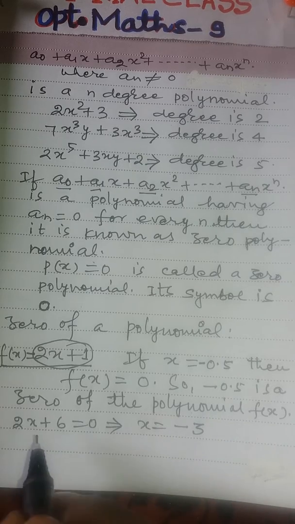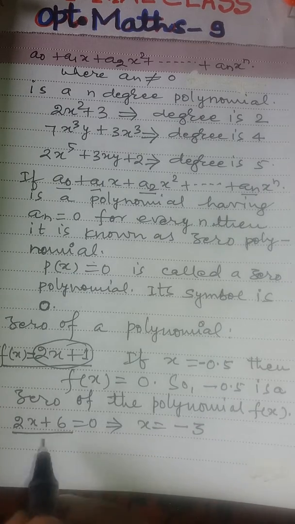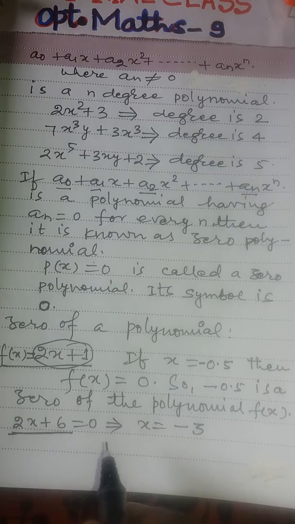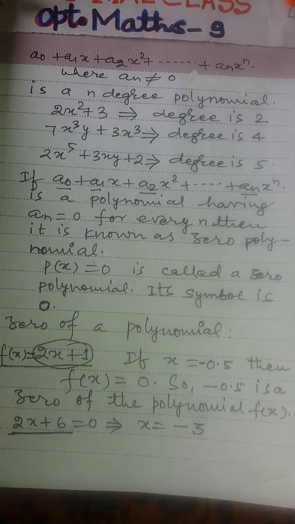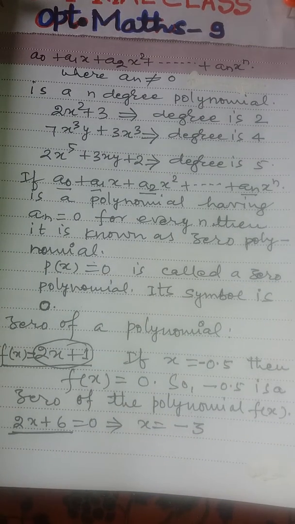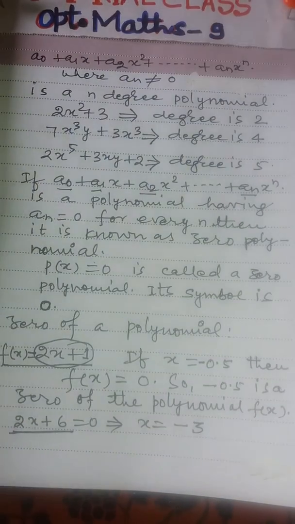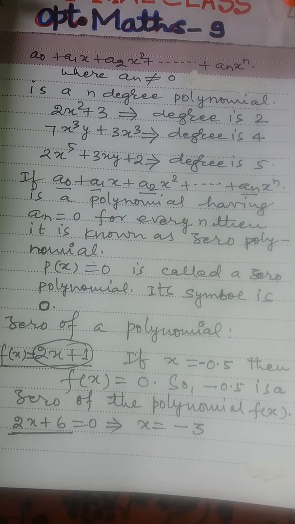This minus 3 is a zero of this polynomial. Zero of a polynomial means the value of the variable which makes the polynomial 0, or the result after putting the value of the variable becomes 0, meaning that is a zero of the polynomial.